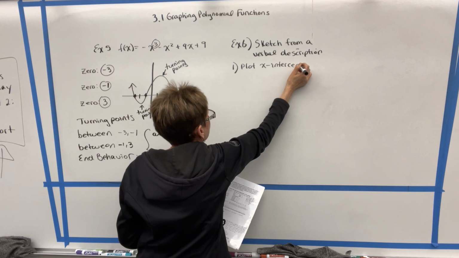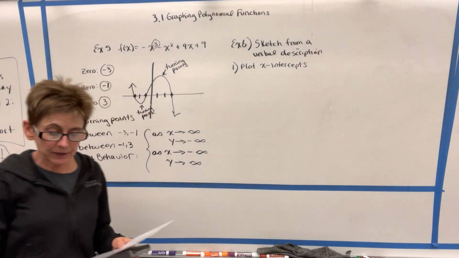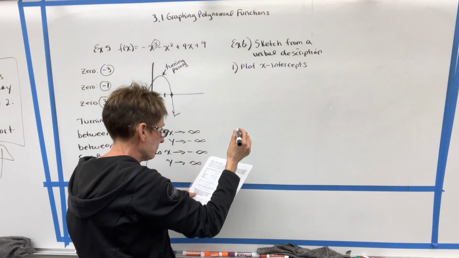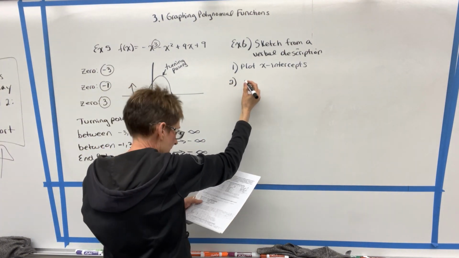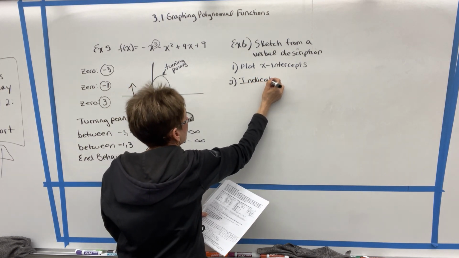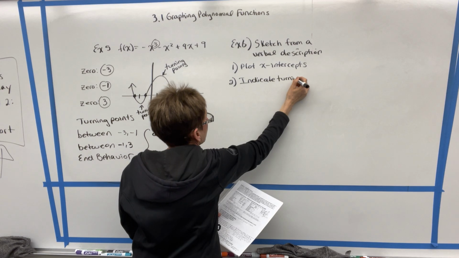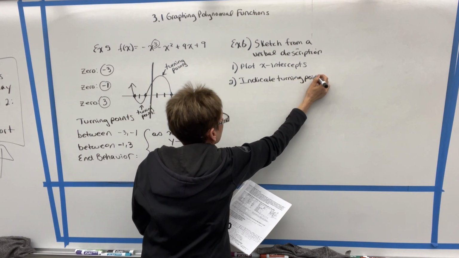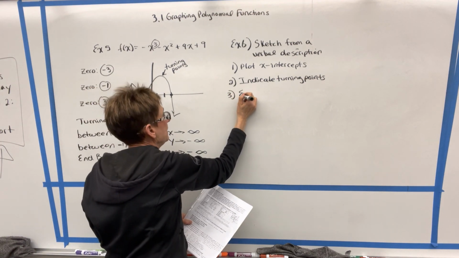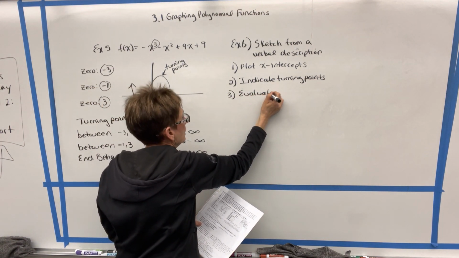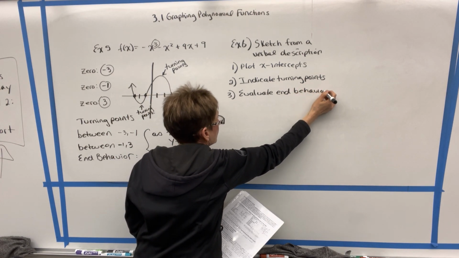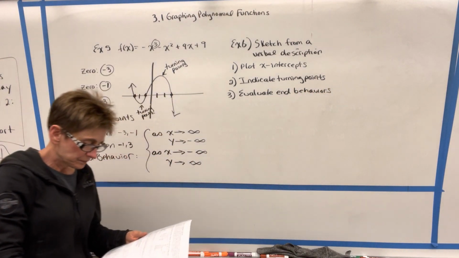Those are considered to be key parts of the graph, so if you can get those, plot those. Then the next step would be to indicate the turning points. And then the last step would be to evaluate the end behavior. So this follows what we've been talking about on the graphs so far during this lesson.